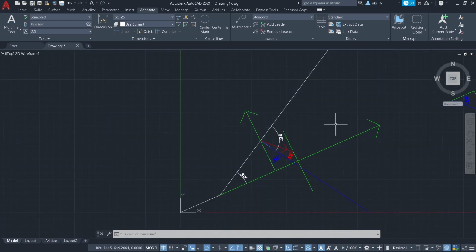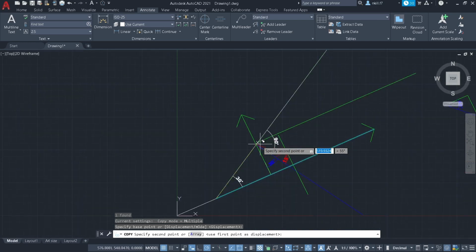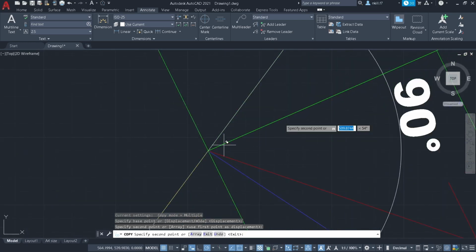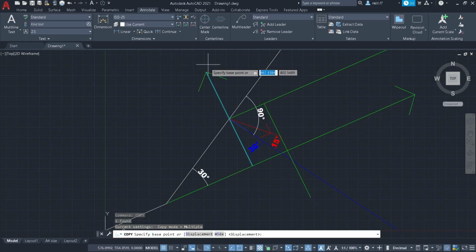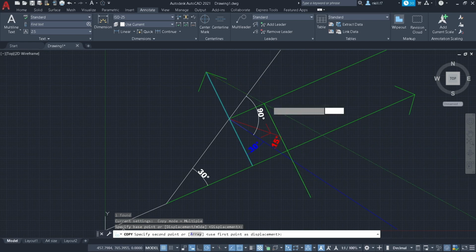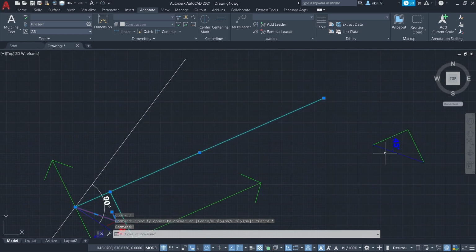So I move the X line onto the force, and we will get it like this. These are the rectangular components for this 200 Newton force.